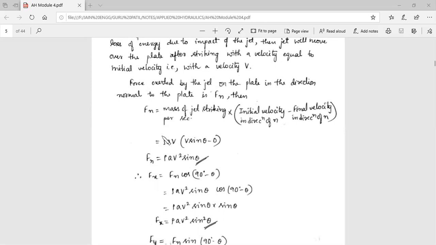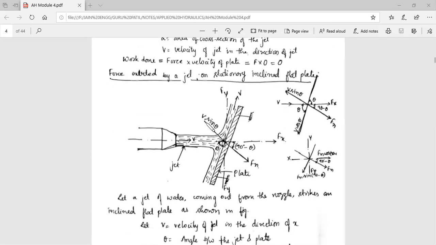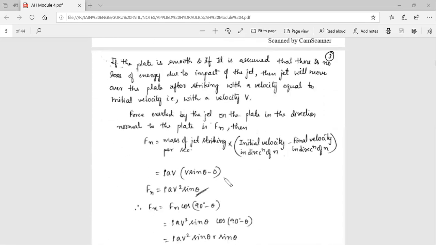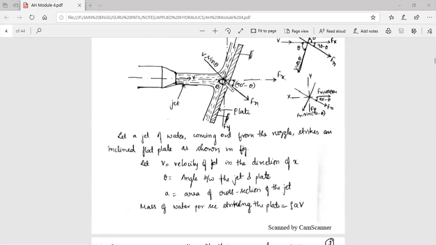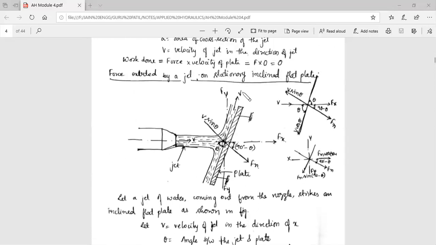Here rho A V is the same as in the previous equation. The initial velocity here is V sine theta, and the final velocity is again 0. So the component of the jet of water gets inclined whenever the jet hits, and it moves at an angle of theta.